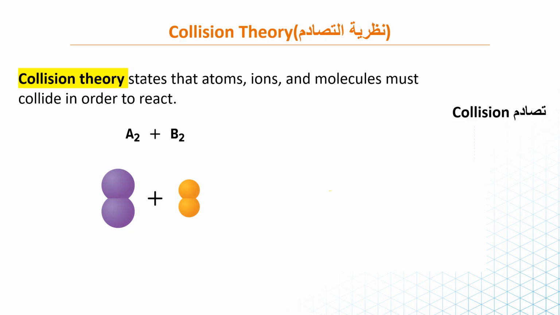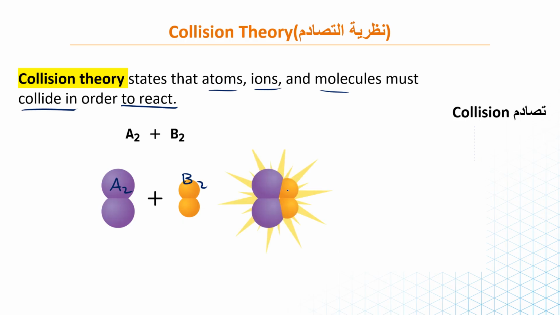Collision theory states that atoms, ions, and molecules must collide in order to react. يعني مثلا imagine that I have A2 here and this is B2 اللي هم المتفاعلات. عشان انه يحصل تفاعل لازم يحصل تصادم ما بين هاي الجزيئات between these molecules, okay? So they should collide، تصادم.